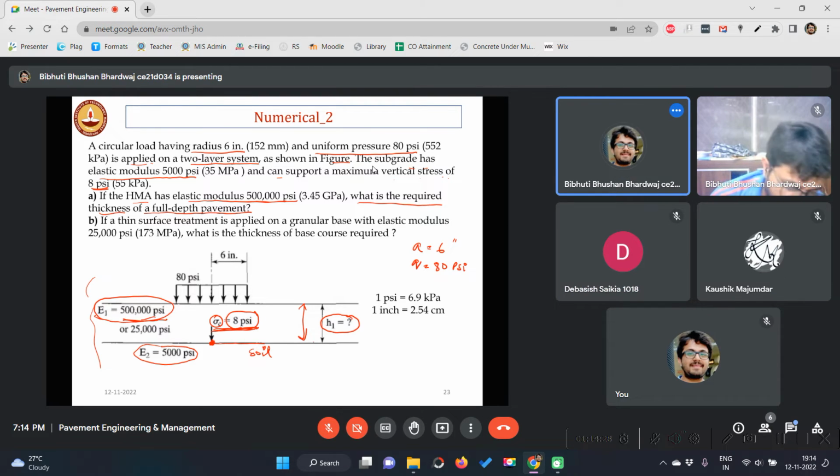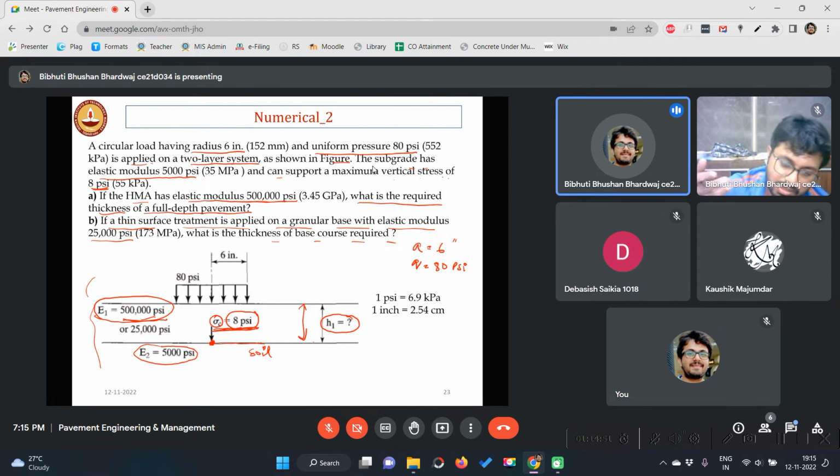There is a second part also. If a thin surface treatment is applied on a granular base with elastic modulus 25,000 psi, what is the thickness required? Now it is saying that instead of this HMA bituminous layer, you are providing a granular base layer, which will have a much lower elastic modulus.